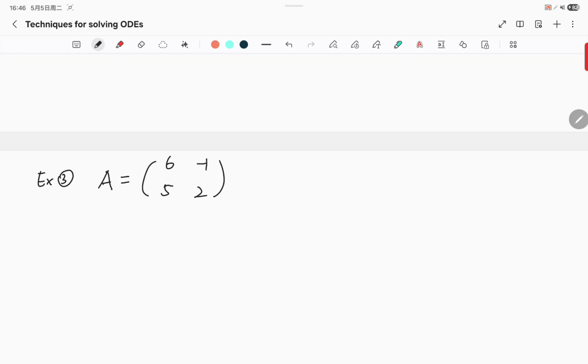Okay, the third example is the third case where we have the ugliest situation, which is we got a complex form for eigenvalue lambda. We have 2 complex roots.